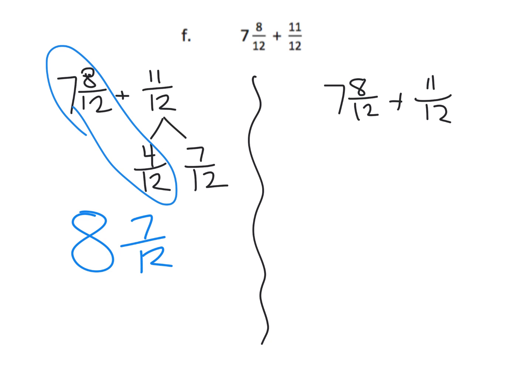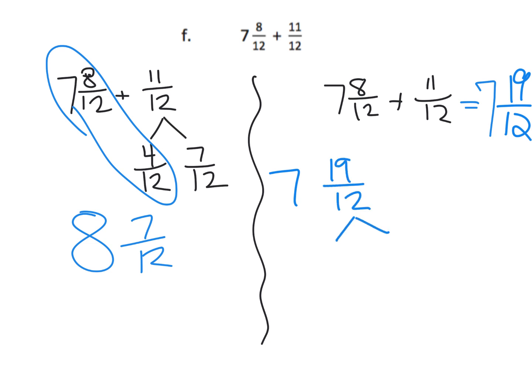Another way to get 8 7/12 is we could start by just simply adding. You add the whole number, which is just 7, and then you could do 8/12 plus 11/12. That gives you 19/12. And I'm going to take that over here, 7 19/12.